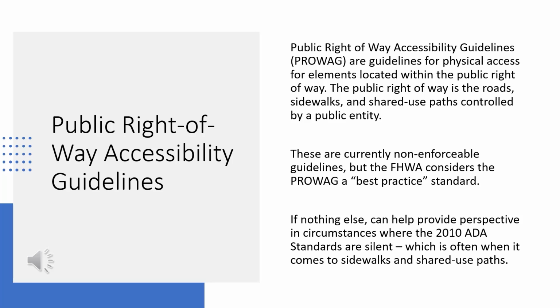They have not been adopted as official guidance or regulation, but the Federal Highway Administration considers the PROWAG a best practice standard. And if nothing else, I found that the PROWAG can help provide perspective in circumstances where the 2010 ADA standards are silent, which is fairly often when it comes to sidewalks and shared use paths.